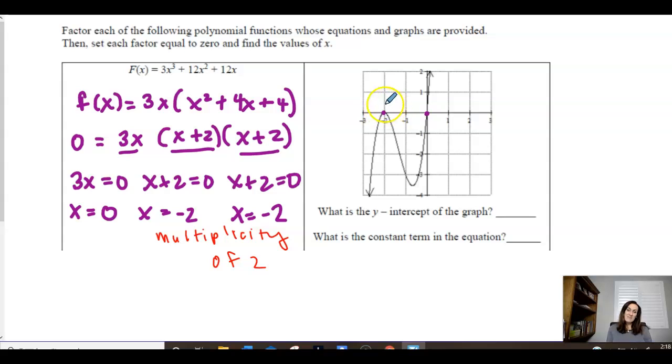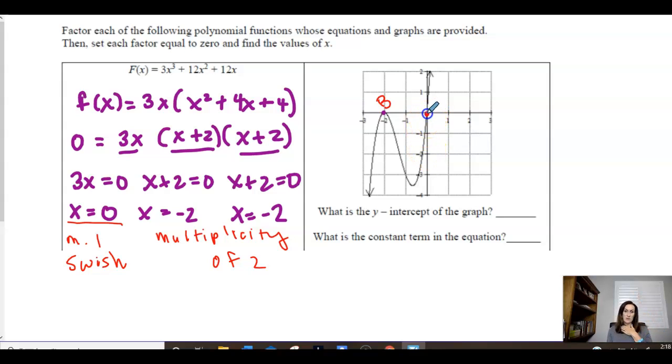When you have even multiplicities, 2 is an even number, you get a bounce in the graph. So the graph hits the 0 and then bounces back in the same direction. When you get a multiplicity of 1, so I have this answer 1 time, m dot stands for multiplicity of 1, we get what's called a swish. And a swish means that the graph is going to go through the point. It swishes through the point.